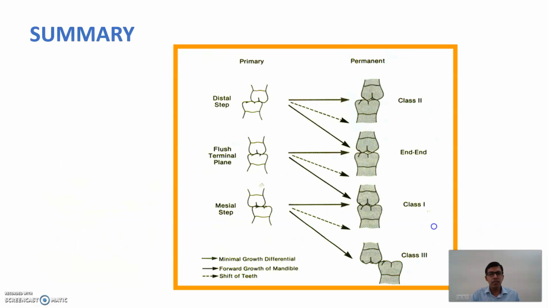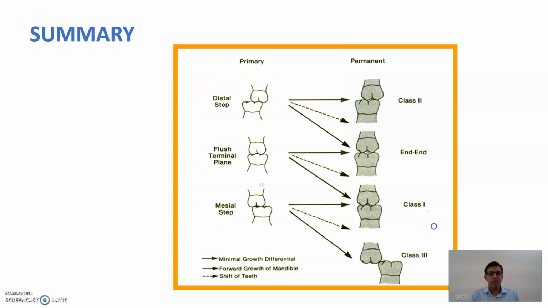So to summarize, to have a class 1 molar relationship of the permanent maxillary and mandibular first molars, the three main factors which determine these positions are, first, the flush terminal plane, mesial step terminal plane or distal step terminal plane relationship between the deciduous teeth.